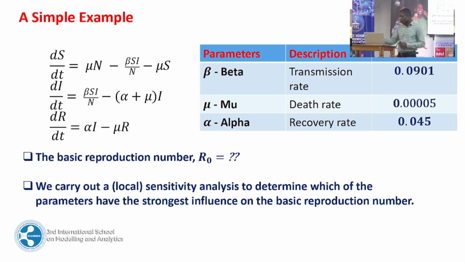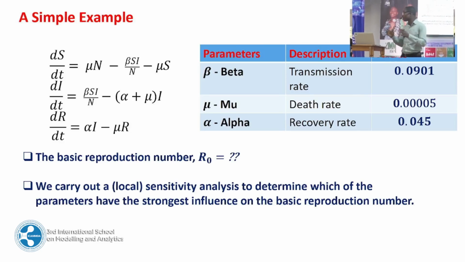Wow, that's beautiful. The average number of secondary infections generated by a single infectious individual during its entire infectious period in a completely susceptible population.